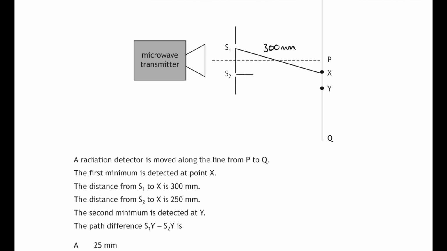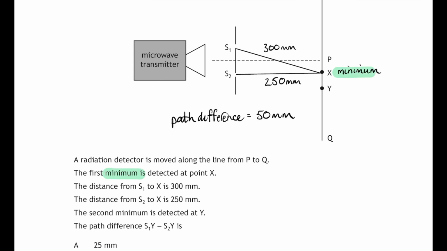The distance from S2 to X is 250 millimeters, and that's to the first minimum. And the path difference between these two lines then is going to be 50 millimeters. And because it's the first minimum, that corresponds to a path difference of half a wavelength. So 50 millimeters is half a wavelength.